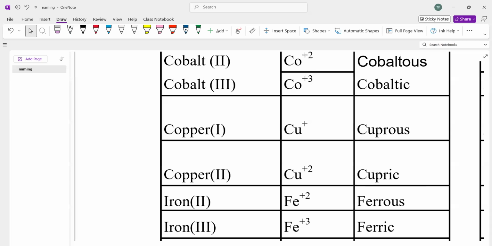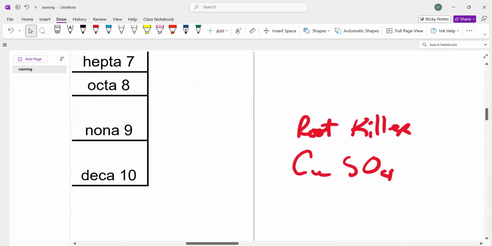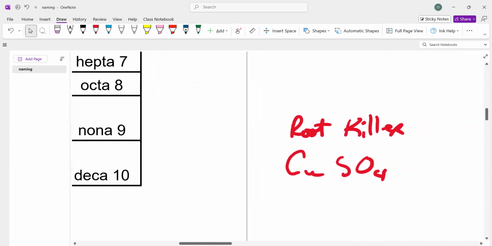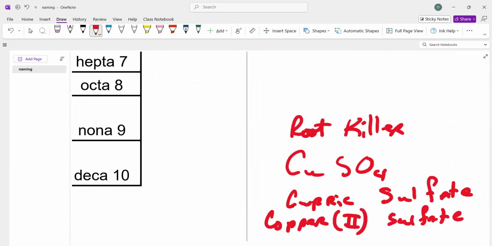Which one is it? So which one is it? So it is cupric sulfate, or copper-2 sulfate.